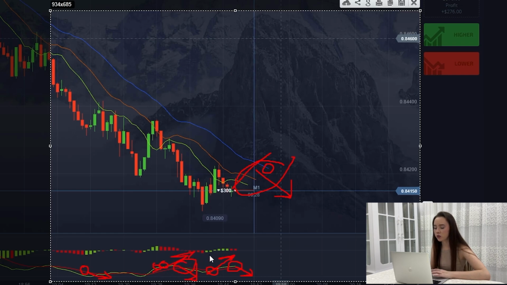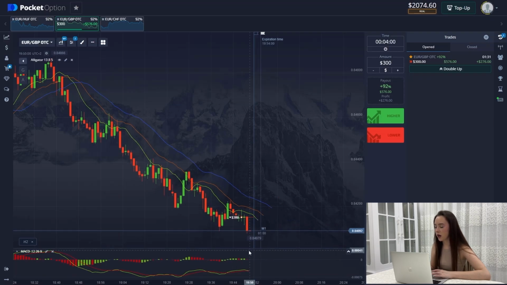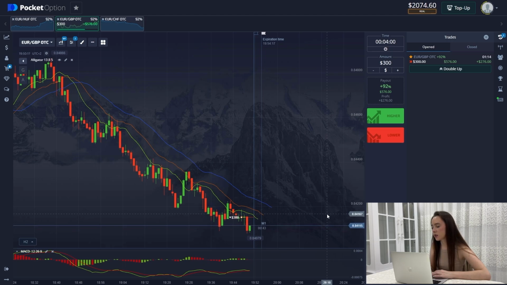And when the lines don't cross each other, it's enough to look at which of the lines is on top as well as their direction. If the signal line is at the top and the lines are directed downward, the chart will move downwards. And if the green line is at the top and the lines are directed upward, the chart will move upwards. Everything is as simple as possible and we return to our deal.